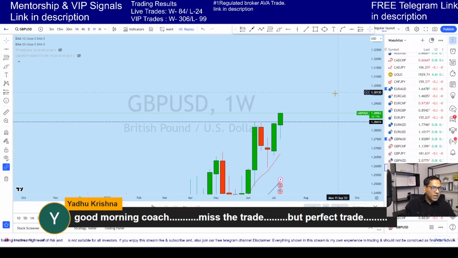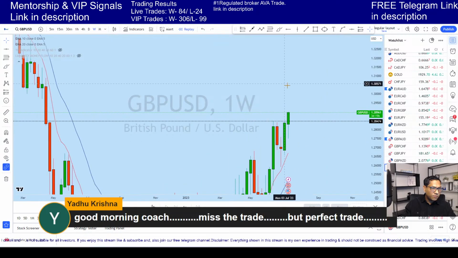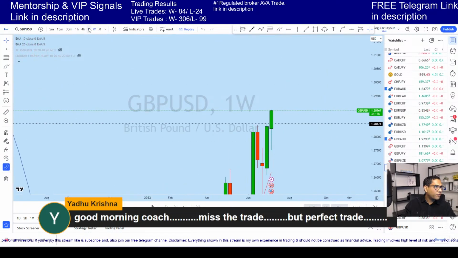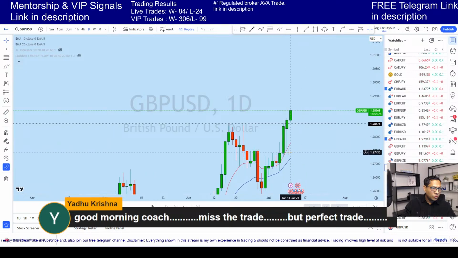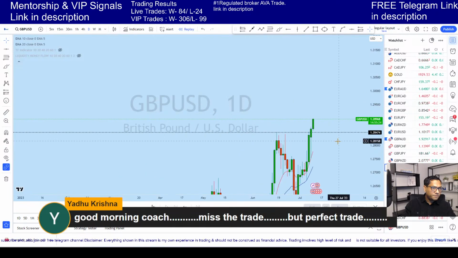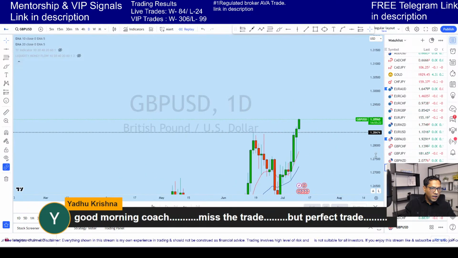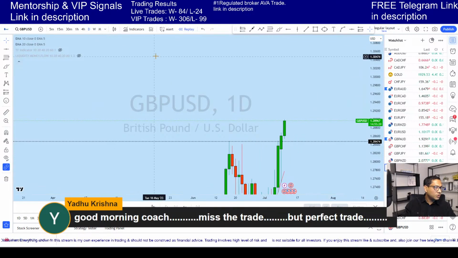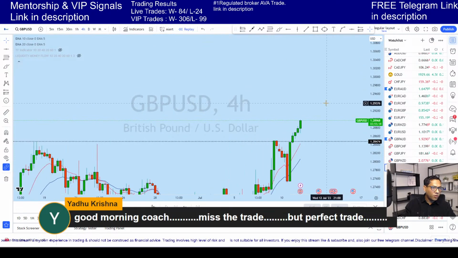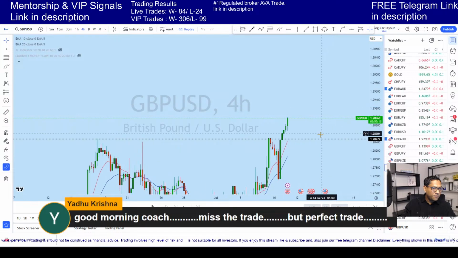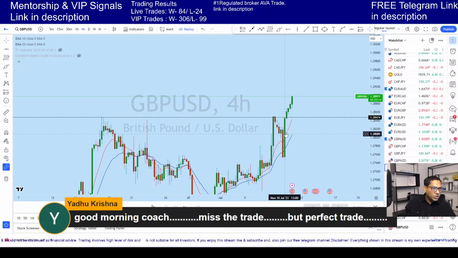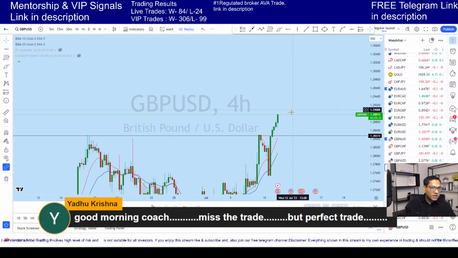From the weekly as well, the market has broken to the upside. From the daily, with this bullish pin bar, gold has broken to the upside, and GBPUSD has broken to the upside. From the 4 hour perspective, with this bullish engulfer, the price has created this move.